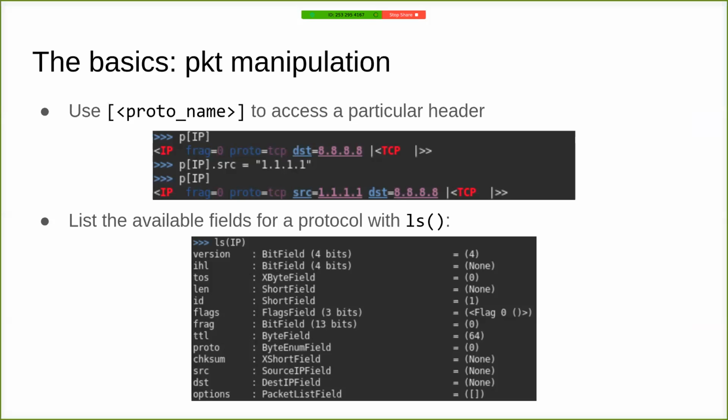It can also be used if you pass the specific protocol to see all of the fields in that protocol. So for instance, in IP, it will show the fields version, IHL, TOS, LEN, etc. So you know how to actually access and modify those values. As we see here, for changing the IP source, the source is one of the values of the IP header.